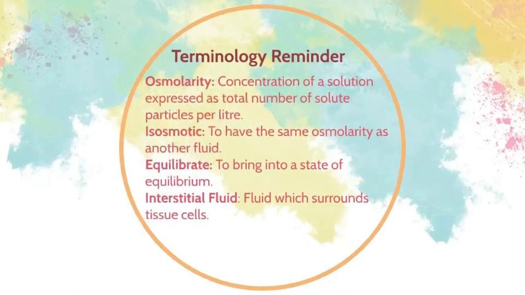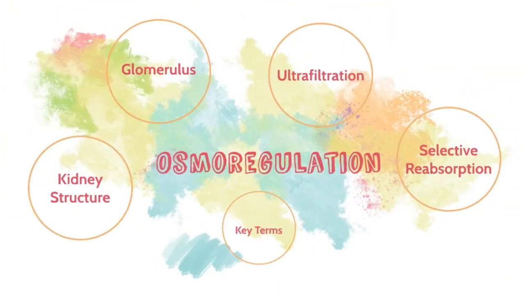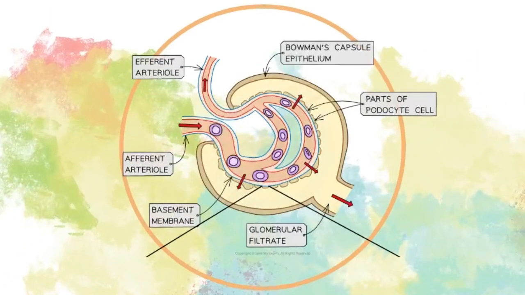So we're now going to start diving into ultrafiltration. The blood enters the kidney via the renal artery, which is under pressure from the heart, and then into a complex network of capillaries called the glomerulus. So that circular structure of capillaries that sit inside the Bowman's capsule.